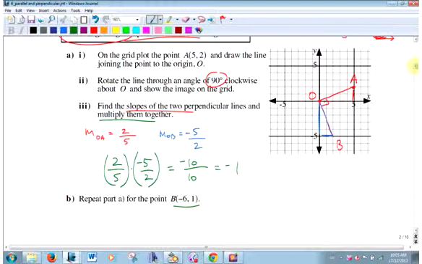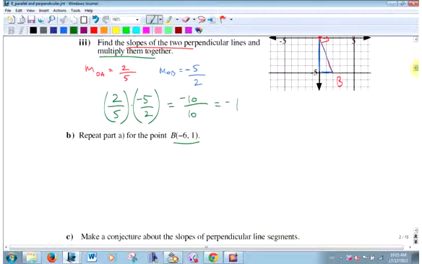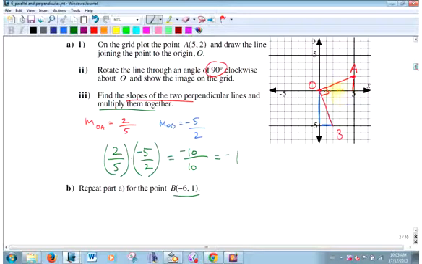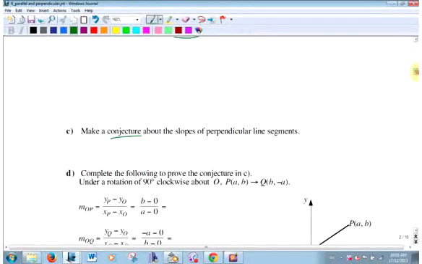I only did this once, not twice like they ask, but what happened when we multiplied the slopes of perpendicular lines? What did we get? Do we think we're always going to get that? Why would he ask the question? Yes. Make a guess about the slopes of perpendicular lines.